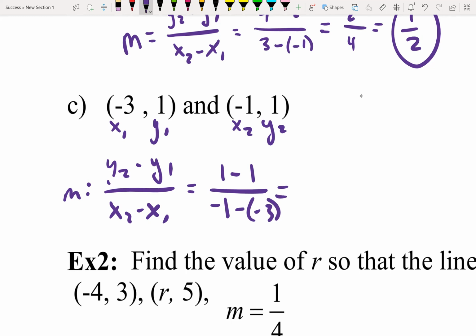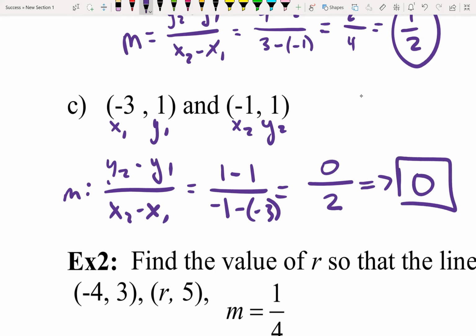And if you notice on this one, 1 minus 1 is 0. On the bottom, 1 minus negative 3 is going to give me 2. I have 0 over 2. 0 over 2 is just 0. So the slope for this one is just going to be 0. Remember, that's a line that's going to end up looking just like that. It's going to be all horizontal.